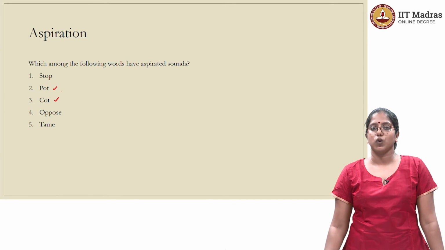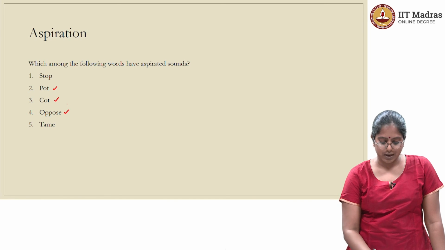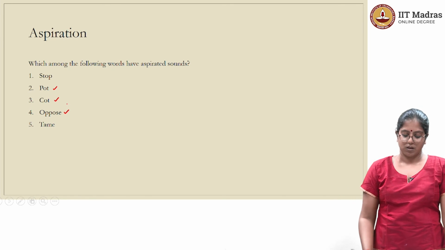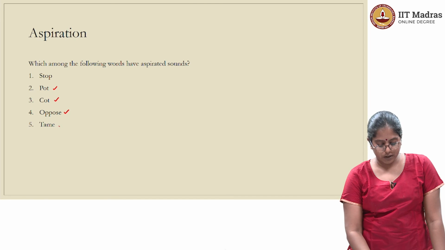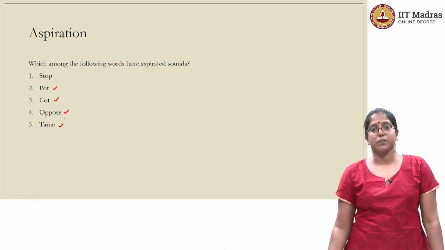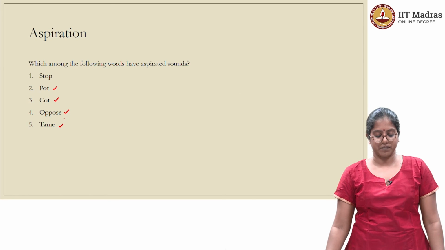Therefore, you pronounce it as oppose. So, the pa sound there gets aspirated. So, this is also aspirated. Tame again is aspirated because the voiceless stop t occurs at the beginning of the word.